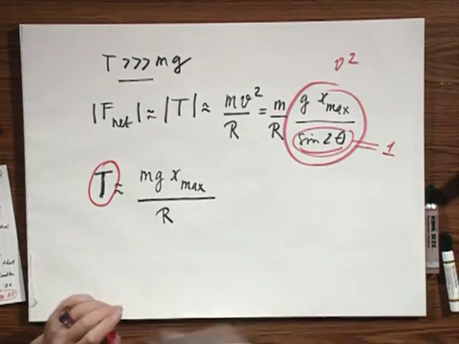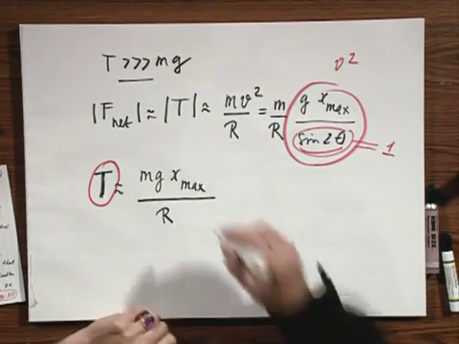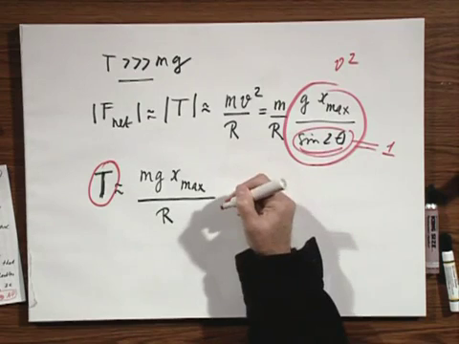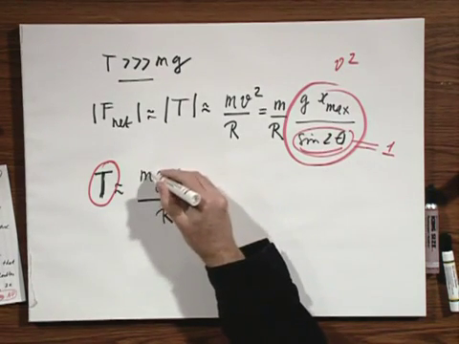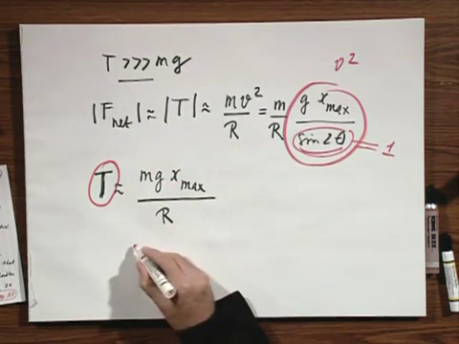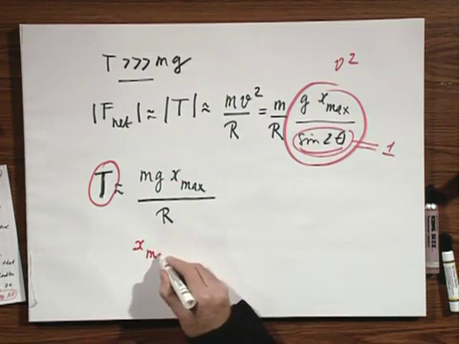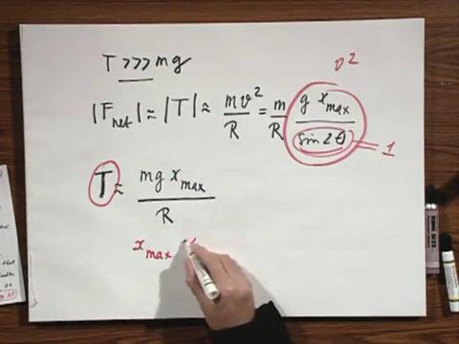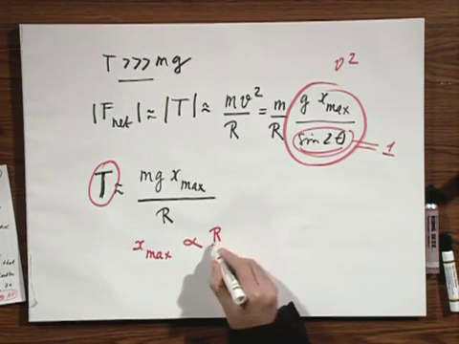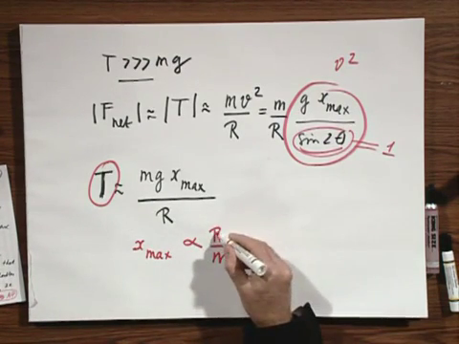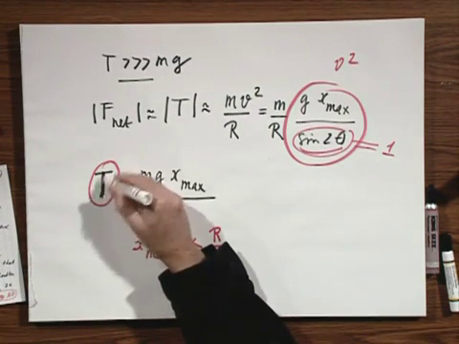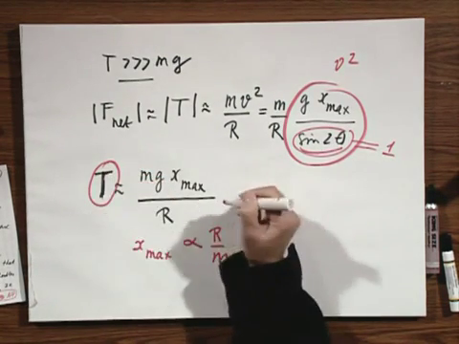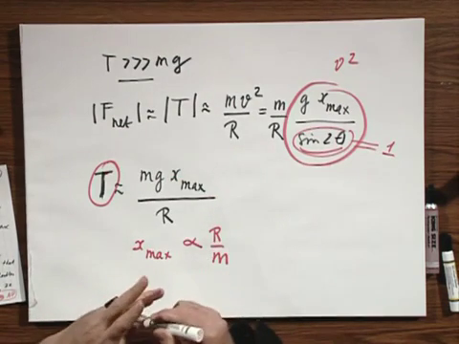It's the maximum value that is possible. So what you see now is that since g is not changing, you find that x max is therefore proportional to R over M. And you could change R and you could change M, but remember, T is a given, a maximum value that you cannot exceed, and g, of course, is not changing.